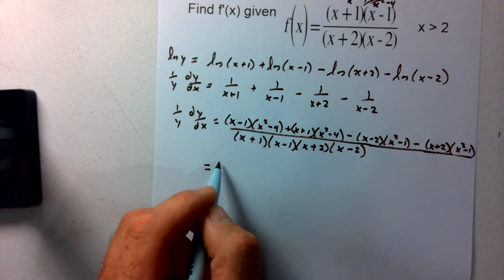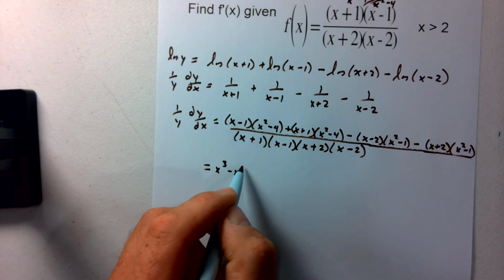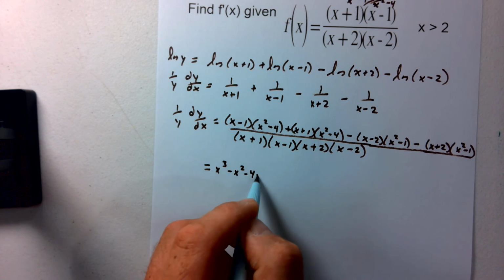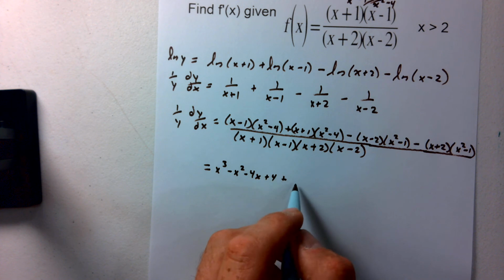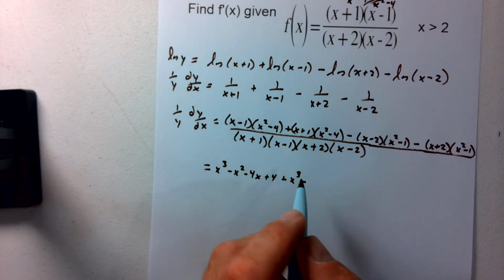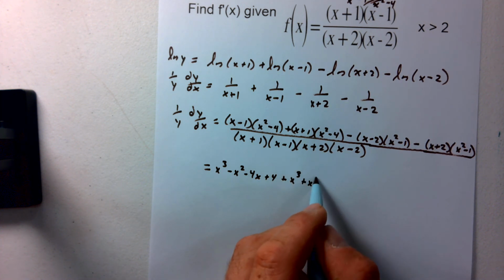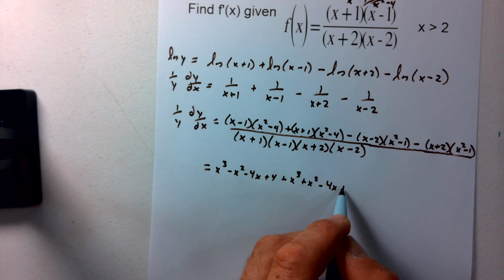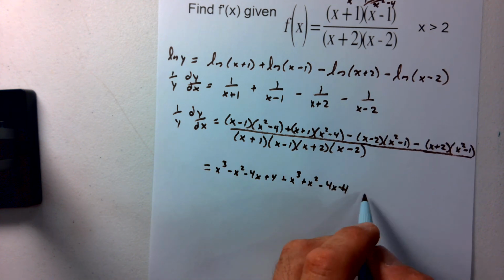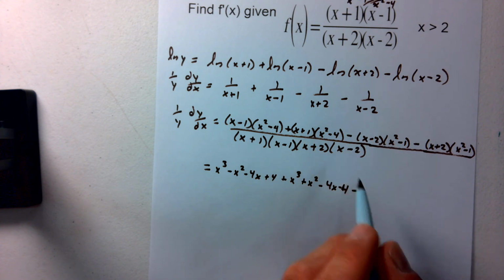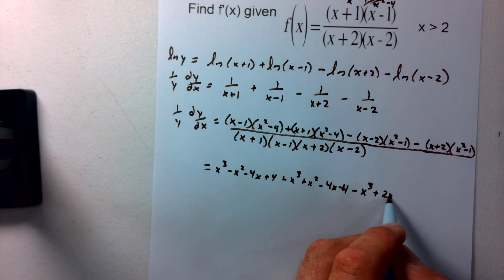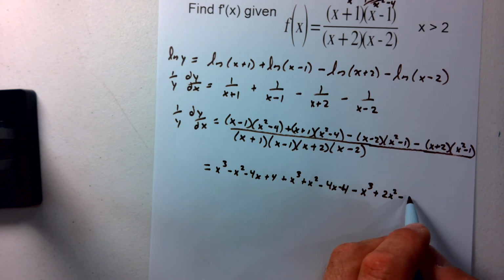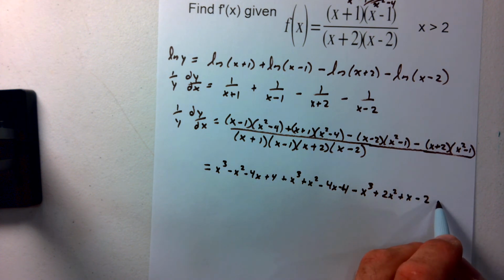Let's see. We got an x to the third minus x squared minus 4x plus 4 from the first term there. Multiplying this one out here, I get an x to the third plus x squared minus 4x minus 4. Multiply the negative and this together, so we get a negative x to the third plus 2x squared, actually a plus x and then a minus 2.